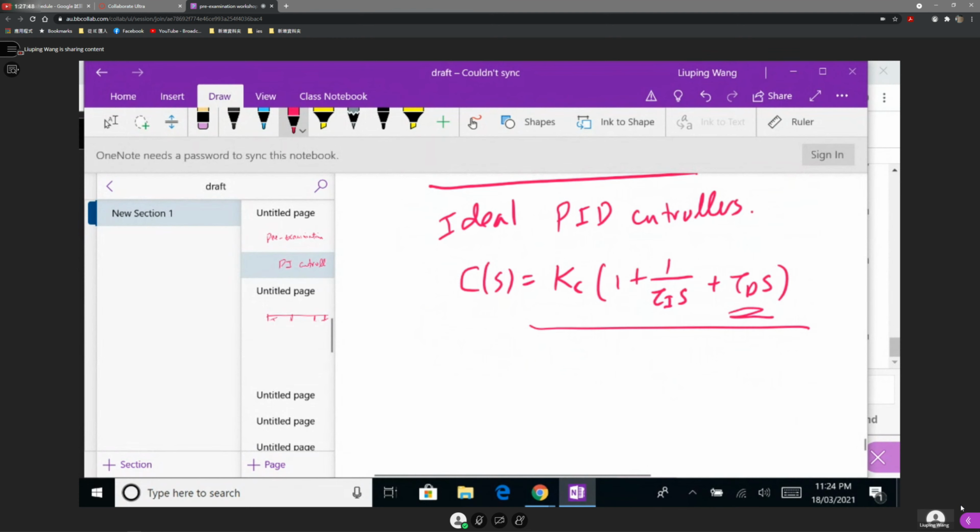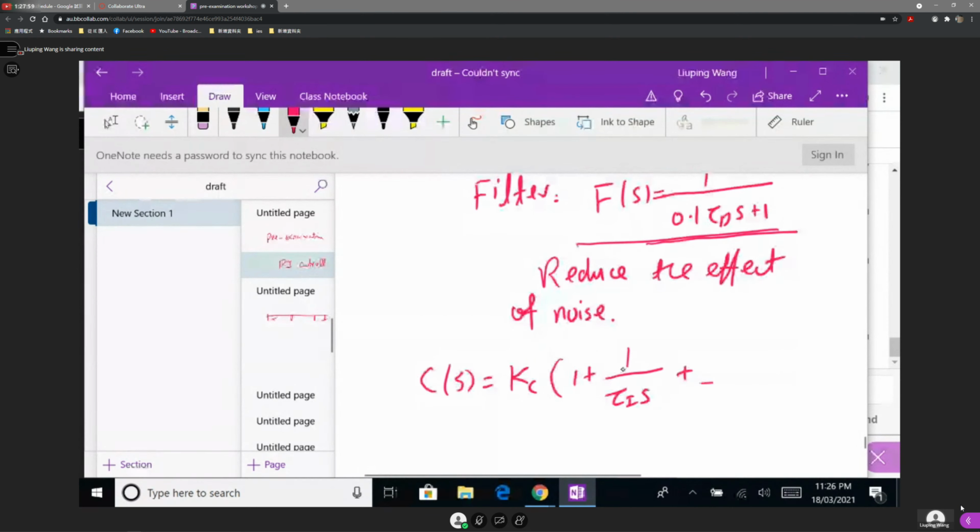So I'm going to get C of S. Okay, so this is what we use for implementation.